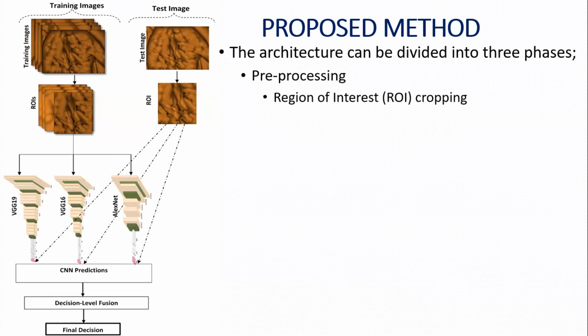The first part is the pre-processing stage, which is basically where the region of interest is cropped. When images for recognition are captured, they are always captured along with other parts of the hand that are not needed for authentication. So, for example, you may have the hand, the fingers, or the upper part of the hand. These parts are cropped out to get the region of interest.